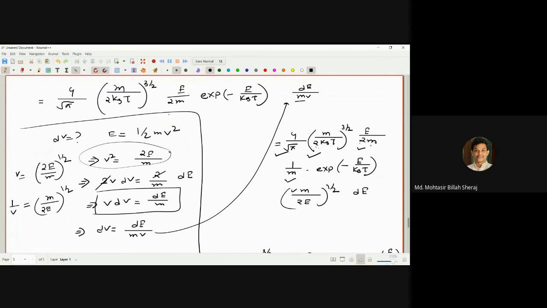So we have 1 by 2 to the power half here, and from this function, look, 1 by 2 to the power half from here. From here we have 1 by 2 to the power 3/2, and from here we have 1 by 2. So all the 2's actually cancel out. How did we get another 2?